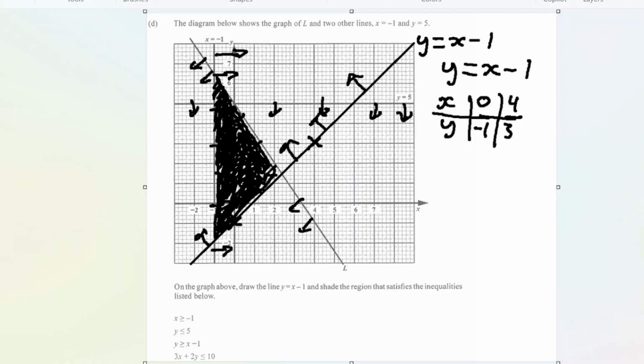So they're throwing a little part of linear programming here, right? To find the region.